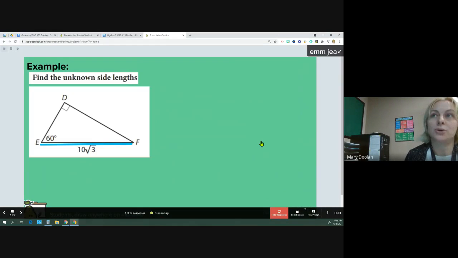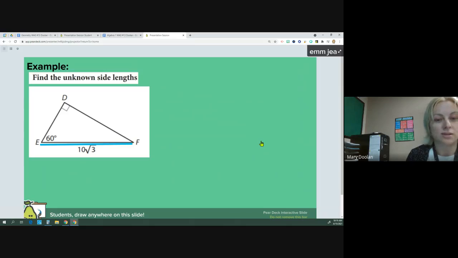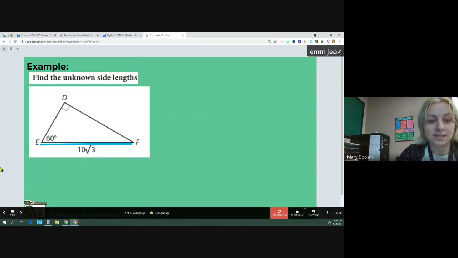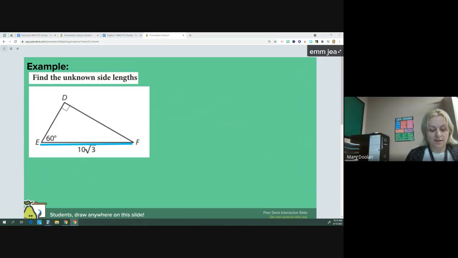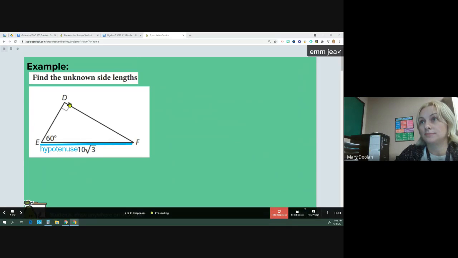So right here, I put a blue line across 10 square root of 3. And this side of the right triangle is, in fact, the hypotenuse. Okay, we know it's the hypotenuse because it is across from the 90-degree angle. It's across from it, makes it the hypotenuse.